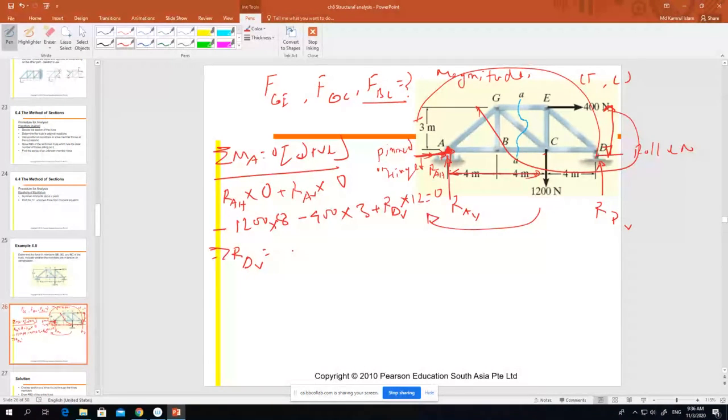So now tell me what is the result for RB. I think yesterday you have done it, so tell me the result. Divided by 12 equal to how much? Tell me quickly. Please be quick. Someone answer me here.